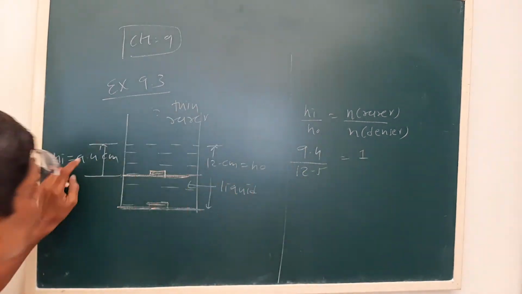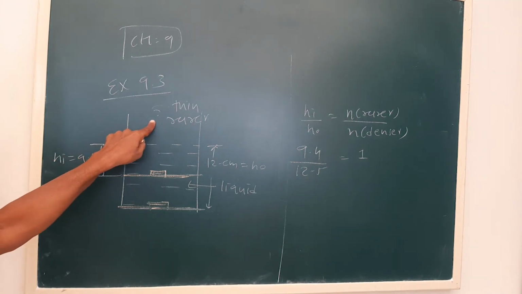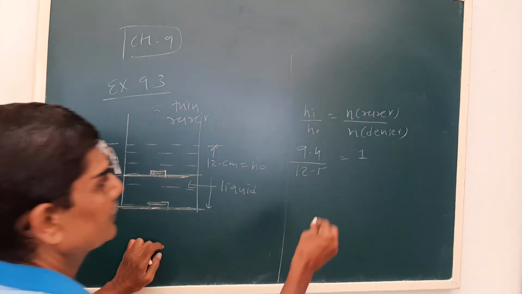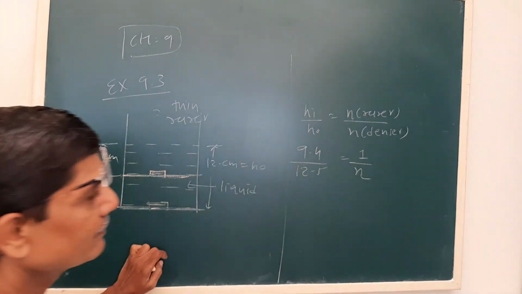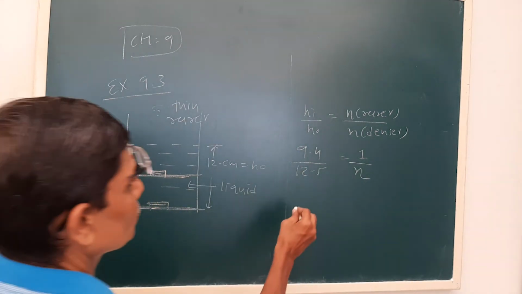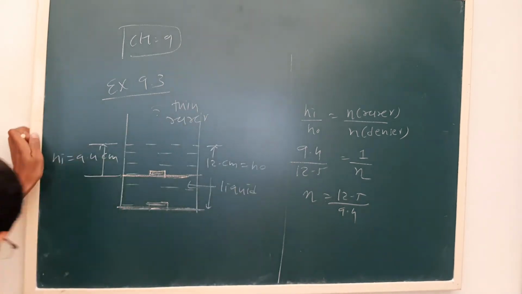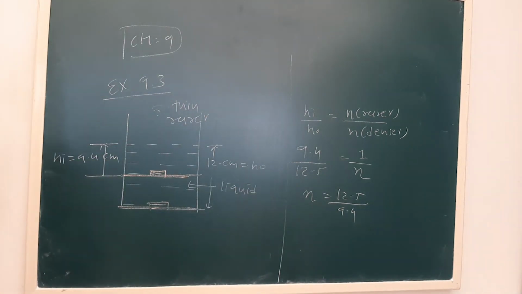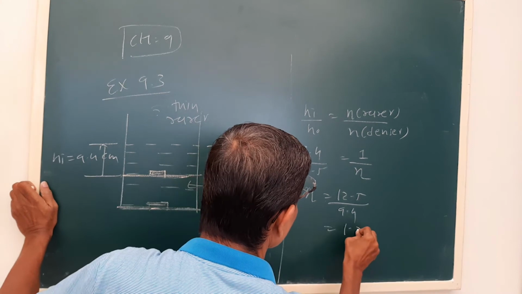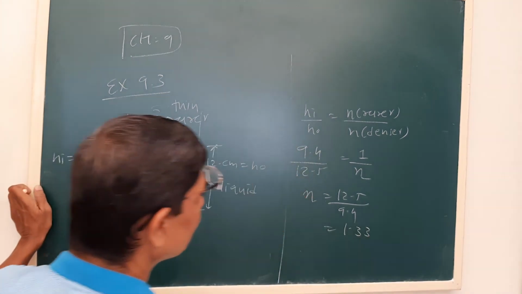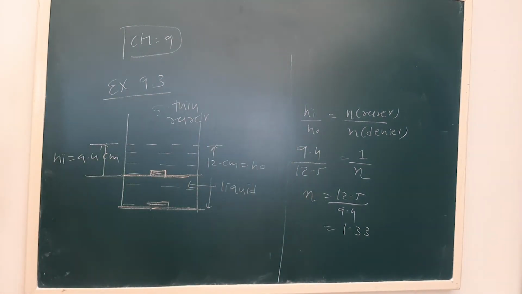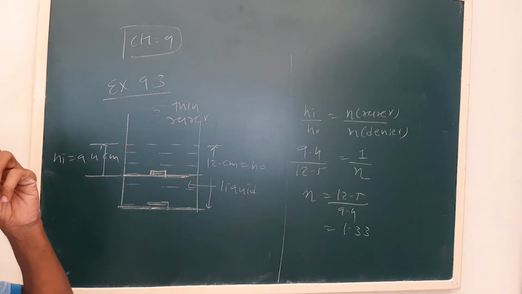See, the observer is in the rarer medium, that is 1, and the denser medium refractive index is, let us say, N. So N we can obtain is 12.5 upon 9.4. That turns out to be 1.33. Now this is the refractive index of the liquid. This is part A of the question.